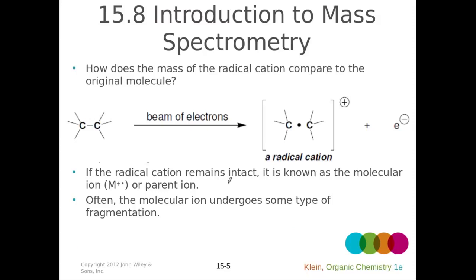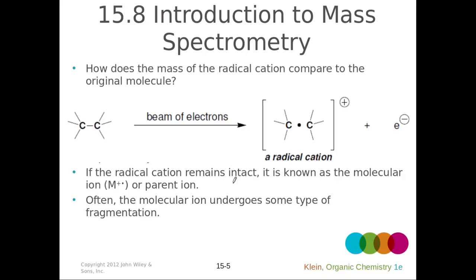If the radical cation remains intact, then that will go ahead to hit the detector as the molecular ion with the molecular weight of the molecule. Why? Because the electron that was ejected basically has a negligible weight. It doesn't count toward the molecular weight. So we can actually get the molecular weight of the molecule if it remains intact by doing this procedure.